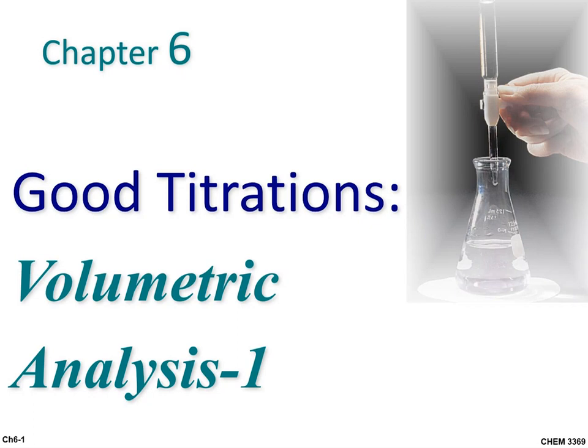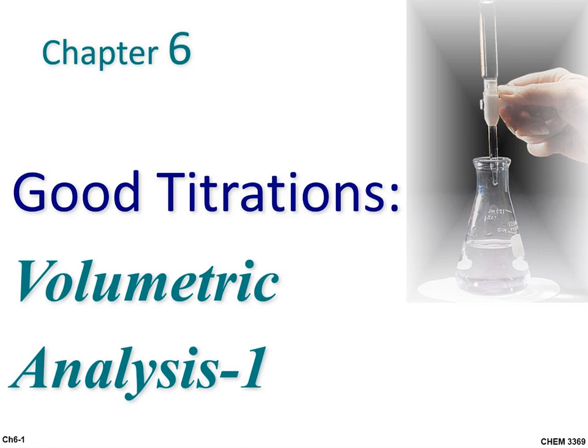Now, in all titrations, there is the point of chemical equivalence. This is the point where the amount of the analyte and the amount of the titrant are chemically equivalent. That will depend on the stoichiometry of the titration. That point can be measured experimentally, and if it is obtained experimentally, it is called the endpoint of a titration.